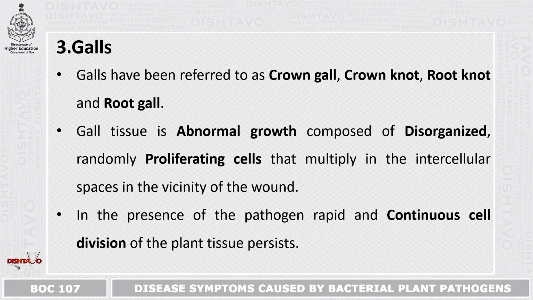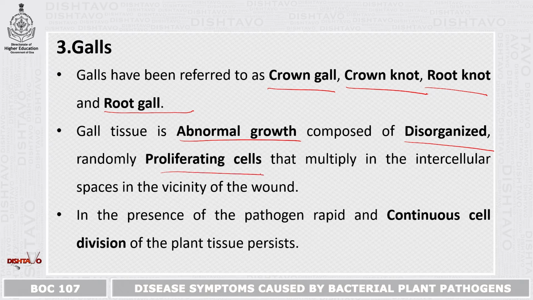Third symptom is galls. Galls have been referred to as crown gall, crown knot, root knot and root gall. So this is one and the same. Gall tissue is abnormal growth composed of disorganized, randomly proliferating cells that multiply in the intercellular spaces in the vicinity of the wound.